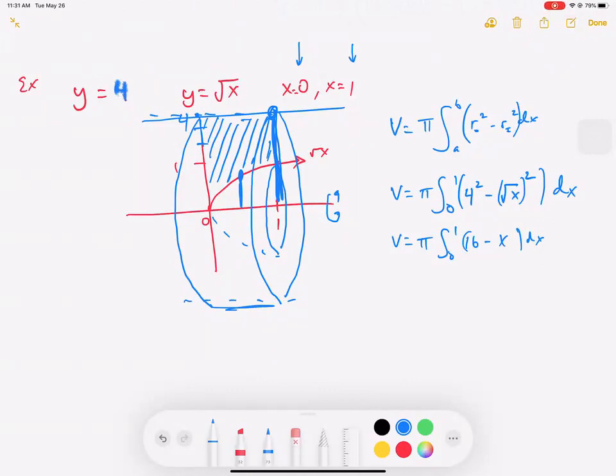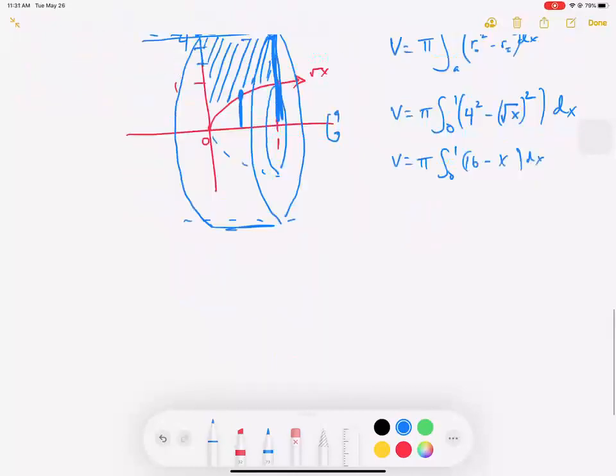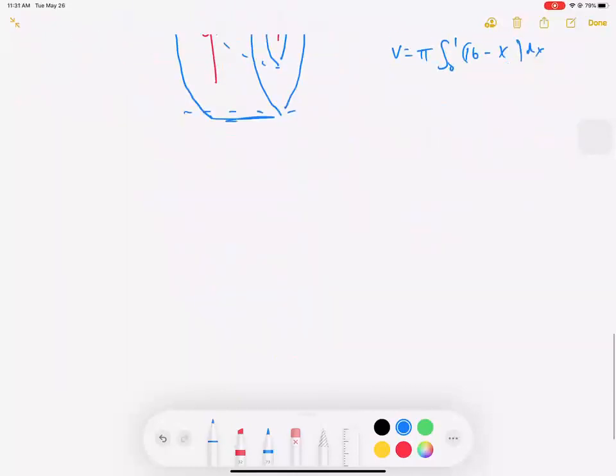Okay. Let's do the same problem, but this time I'm going to rotate it the other way. We had called this 4. We had a square root here. And we're going to rotate it. I'm just going to pick a value, 5, 6, 7. What if I rotate it up?